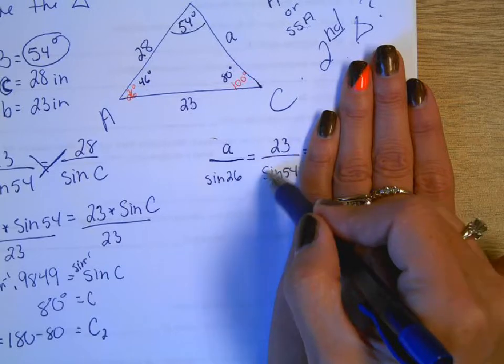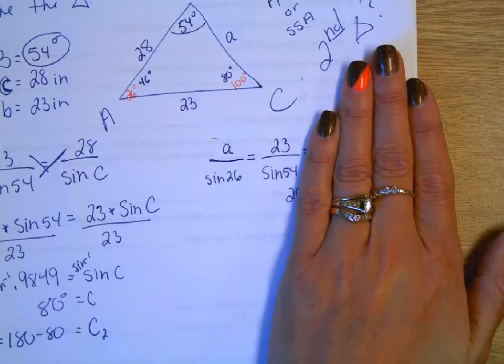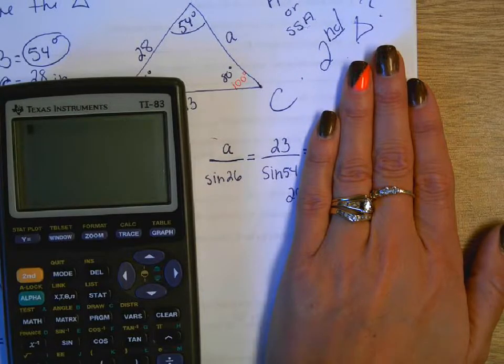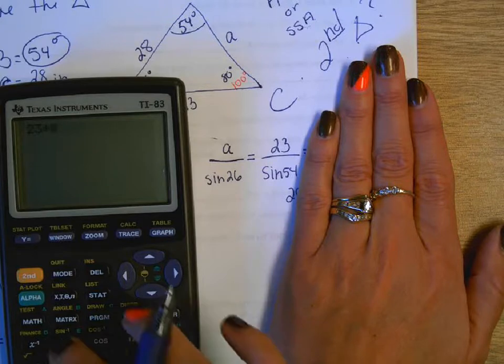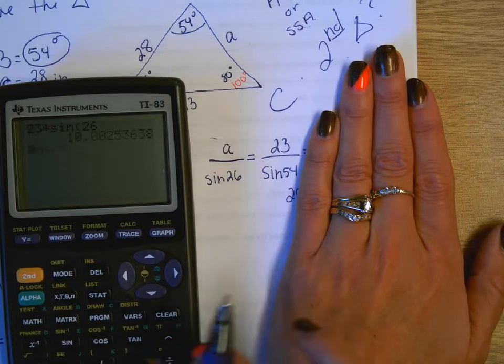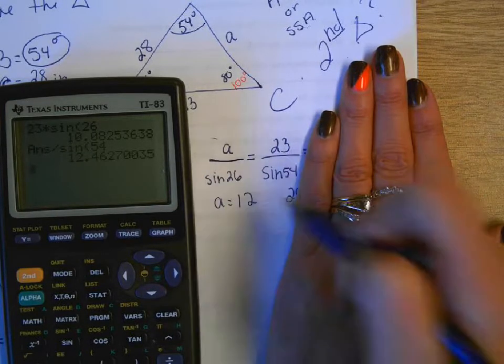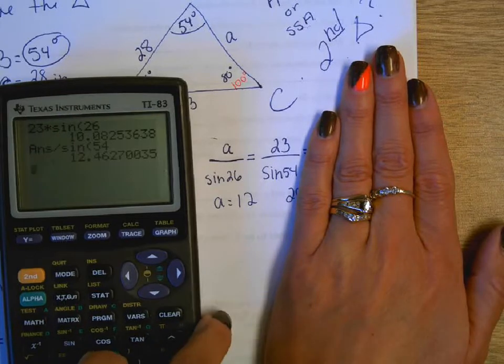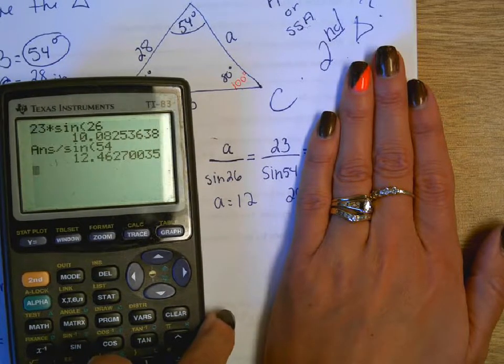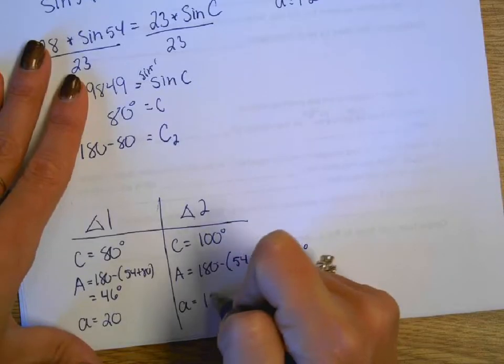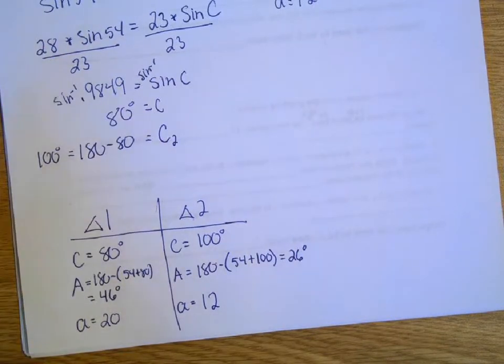Multiply here, divide here. Two sig figs, 12. Little a equals 12. So we did have two triangles. Those are the long ones. Try another.